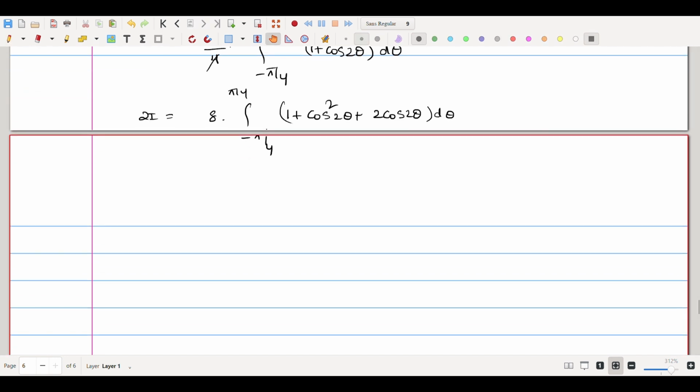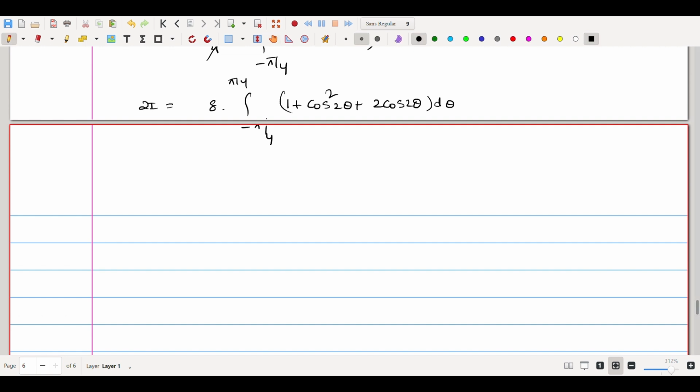Again cos^2 2 theta came, so we can write it as 1 plus cos 4 theta by 2. Now all the powers are reduced to power 1.